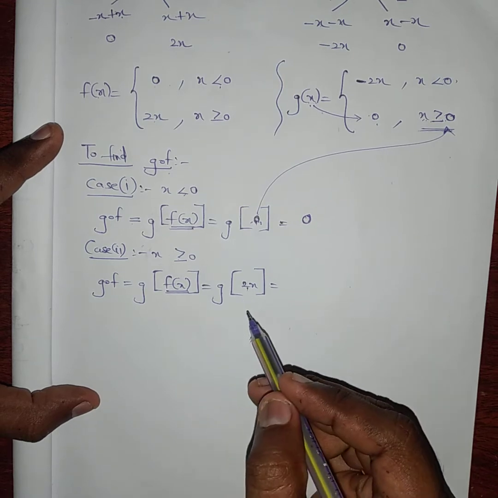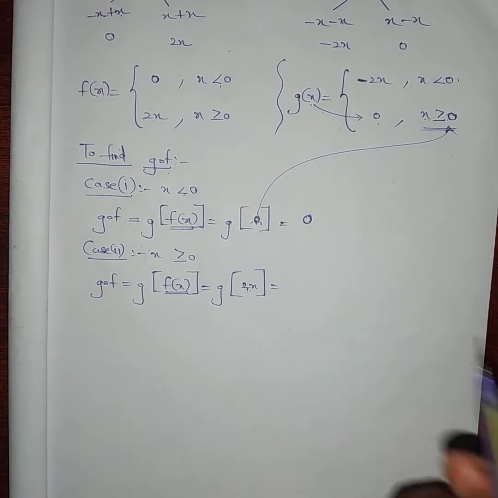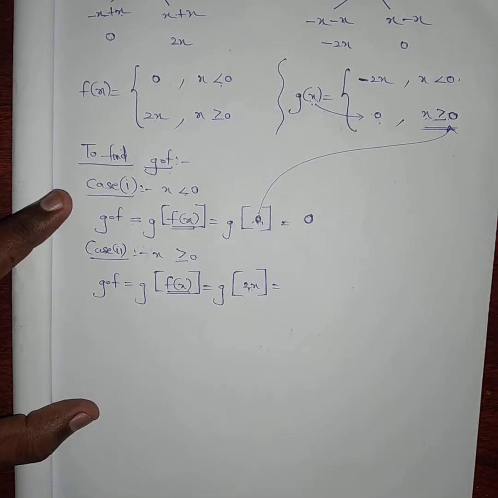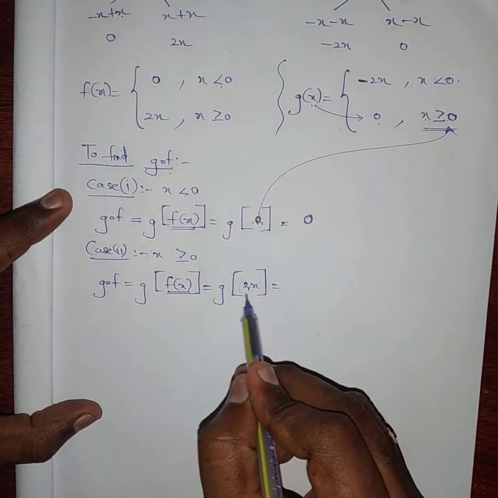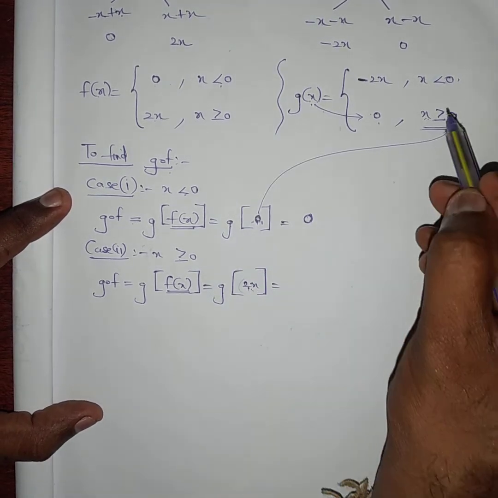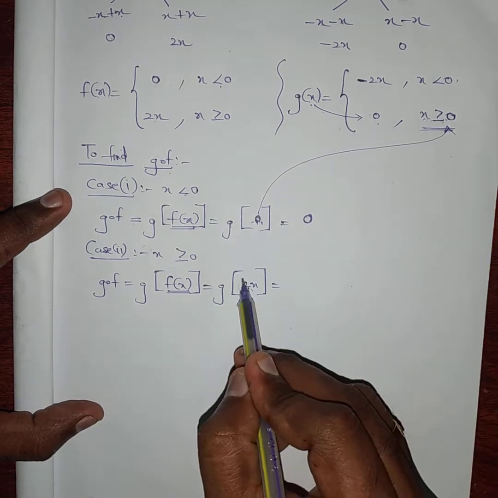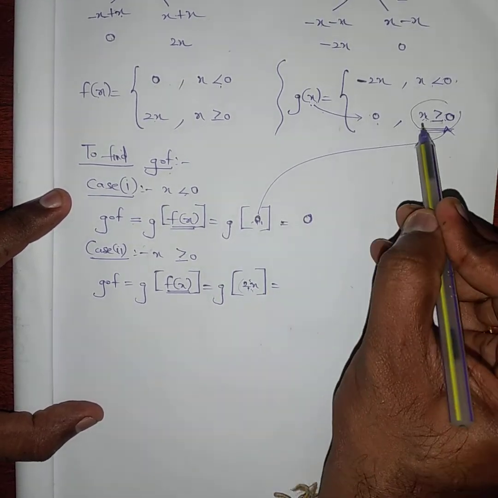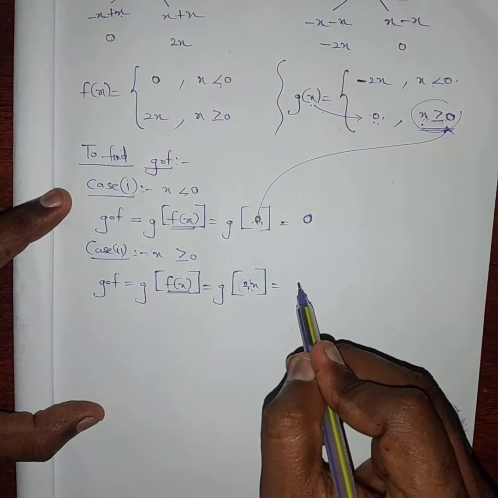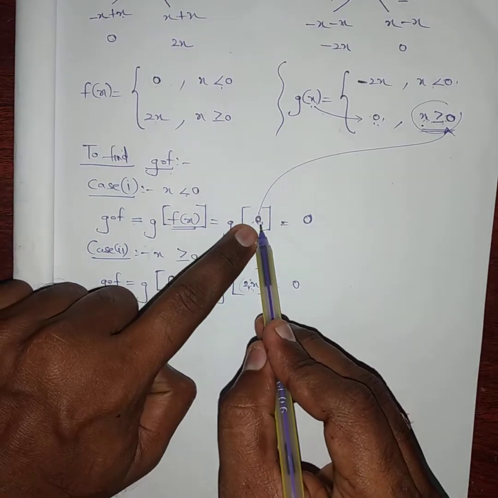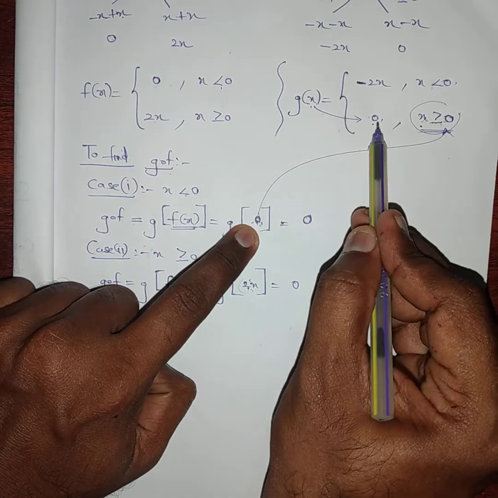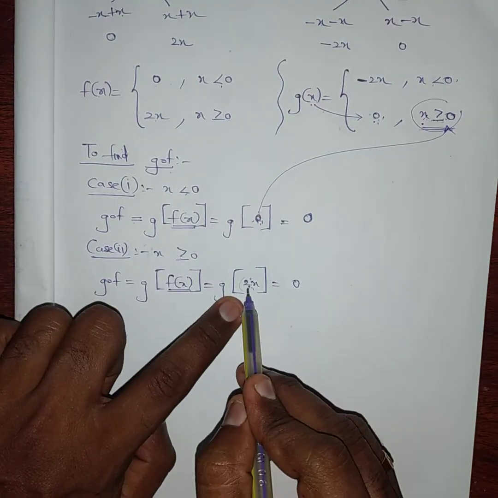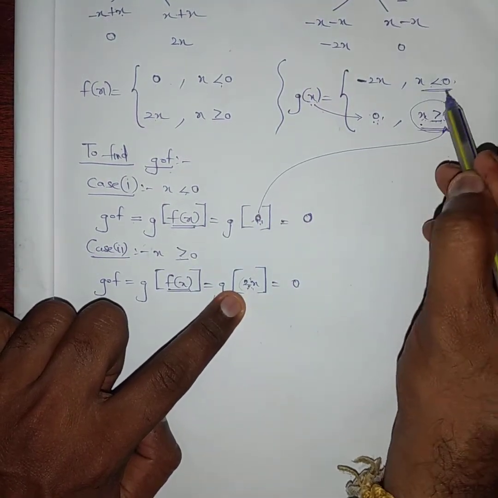Where is 2x present here? This 2x is greater than 0, so it is present in the part where x is greater or equal to 0. The function value is 0, so I can put straightaway g of x equals 0.